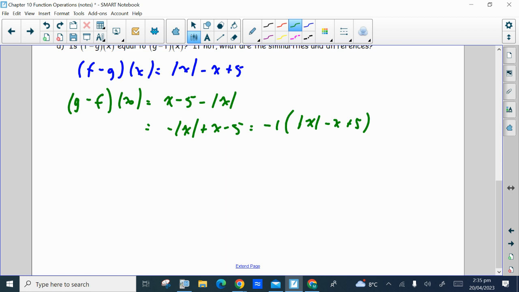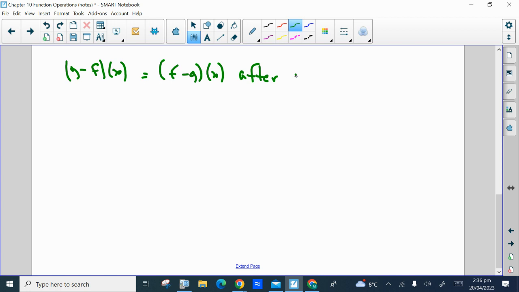So it's actually the same as f minus g at x with a negative 1 in front. And remember, thinking about transformations, a negative 1 in front of a function means that it's reflected over the x-axis. So g minus f at x will equal f minus g at x after a reflection about the x-axis.